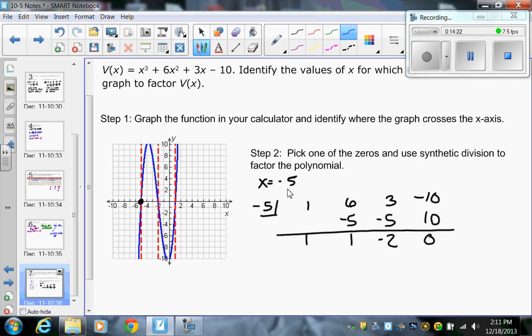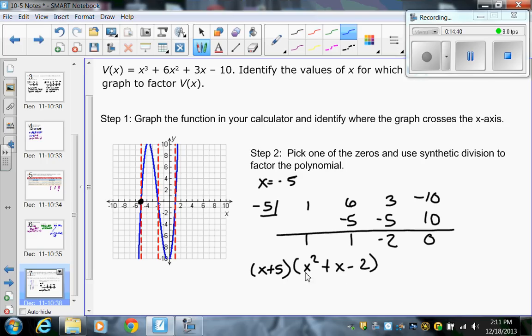So as it stands right now, since x equals -5 is a 0, that tells me that x plus 5 is a factor. And then since I started with x to the third, this is now x squared. So that's going to be x squared plus x minus 2.